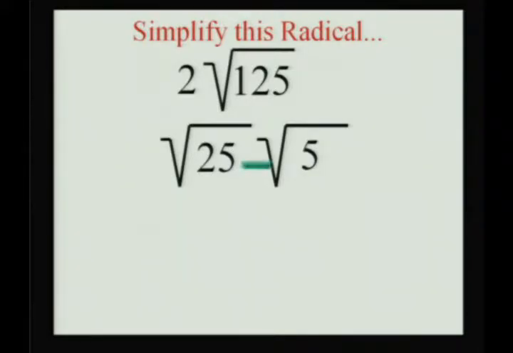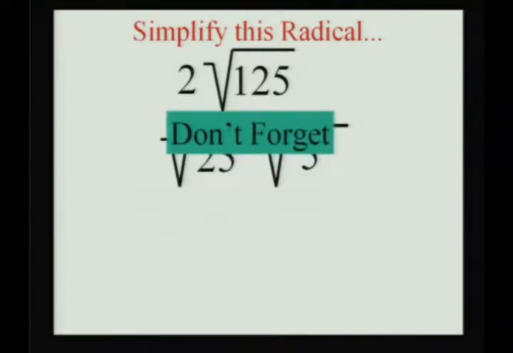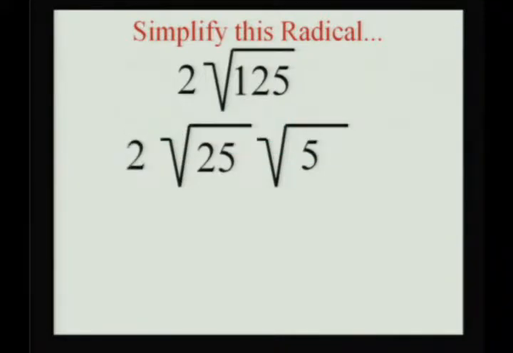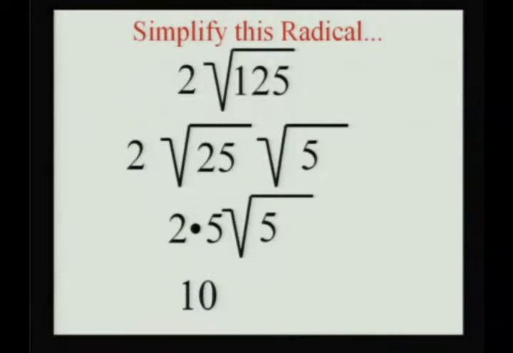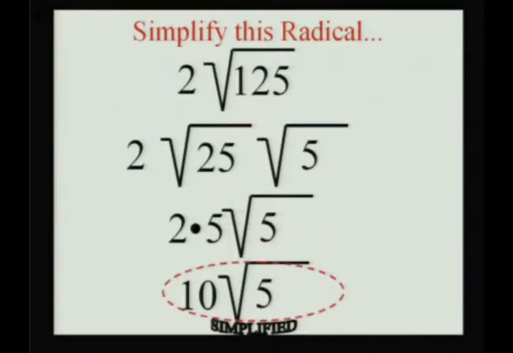Don't forget your 2! Now, the square root of 25 is 5, and now he's a number, and 2 will talk to him. The 2 can multiply by the 5, and that's where we get 10 square root of 5.